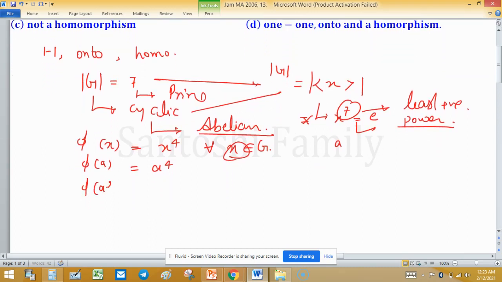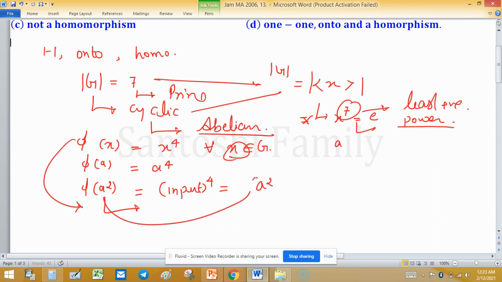Phi of a squared: this is the input, and phi gives output as input raised to the power 4. The input is a squared, so a squared raised to the power 4 gives a raised to the power 8, which can be written as a raised to the power 7 into a, and this is nothing but a. So phi of a squared is a.